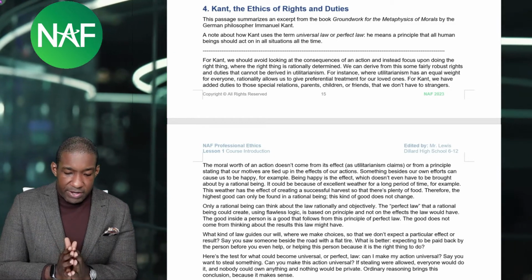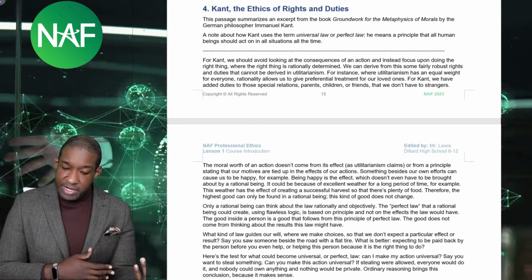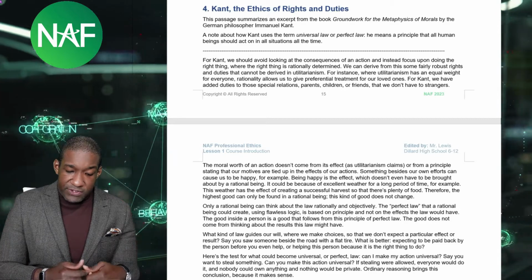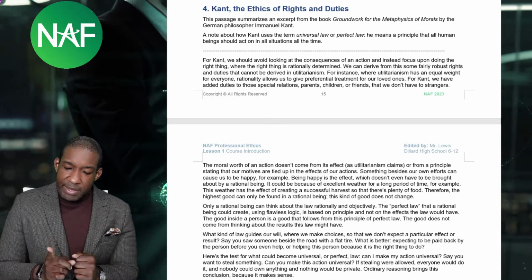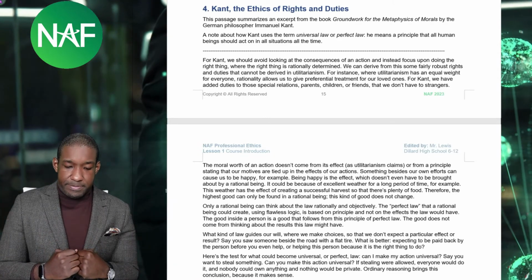The moral worth of an action doesn't come from its effect, as utilitarianism claims, or from a principle stating that our motives are tied up in the effects of our actions. Something besides our own efforts can cause us to be happy, for example.